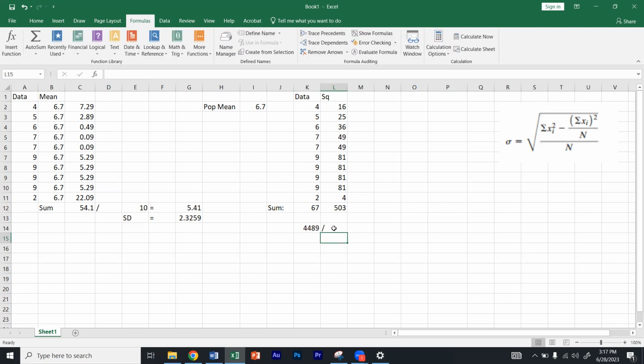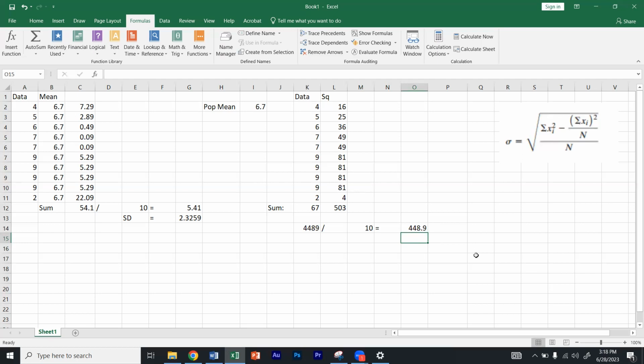Then I'm going to divide it by 10. 10 is the number of data points. It's not a bad idea to show some of your work. This divided by this 10. 448.